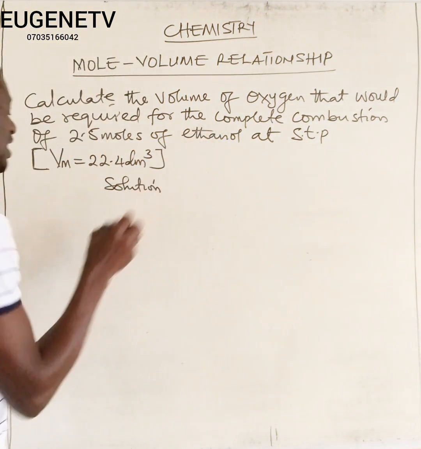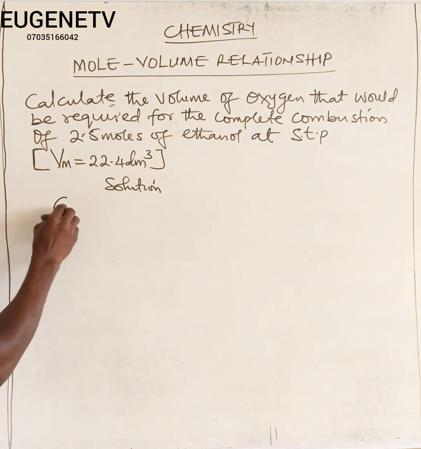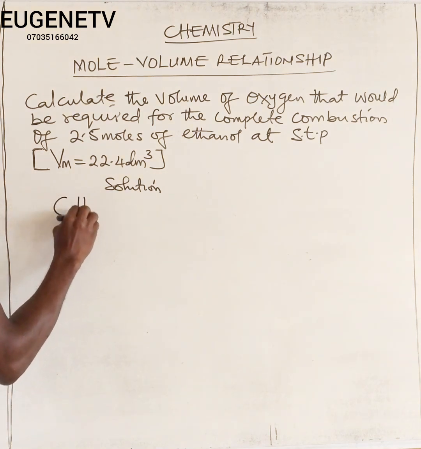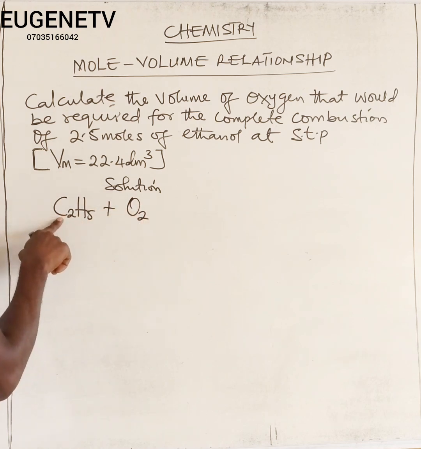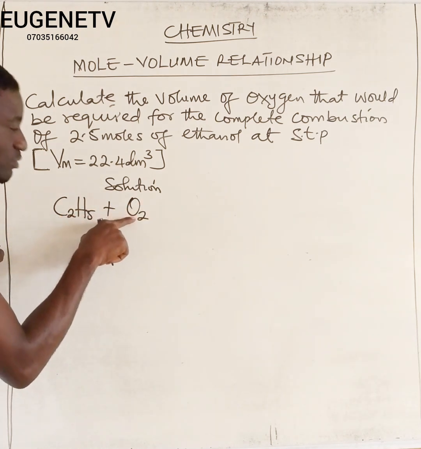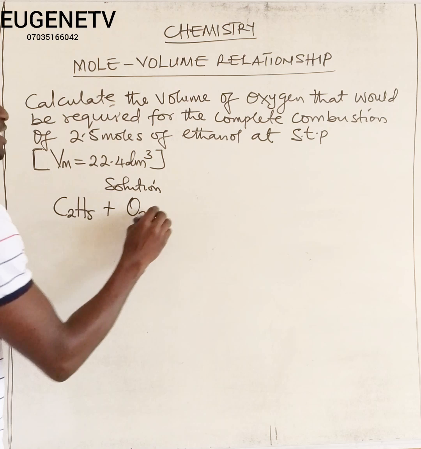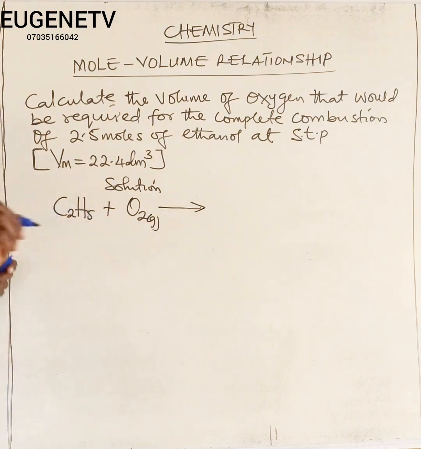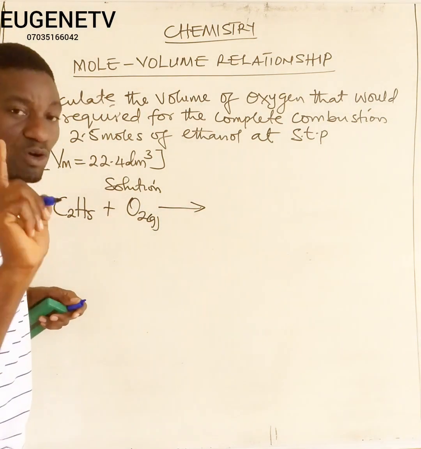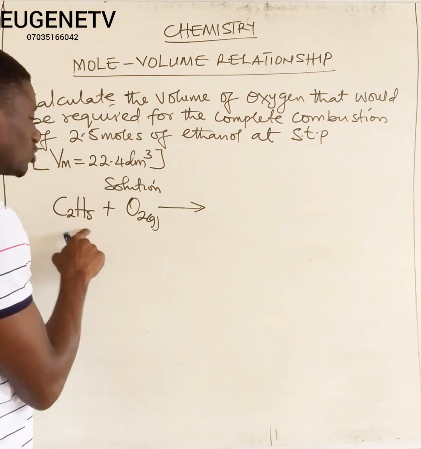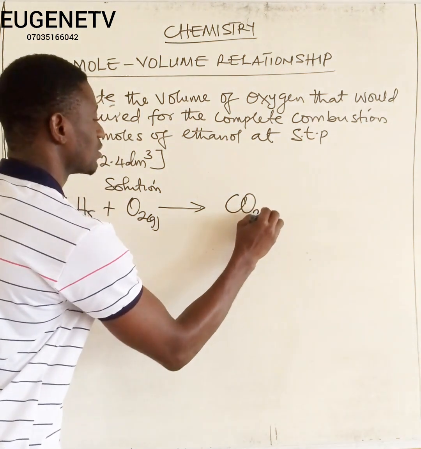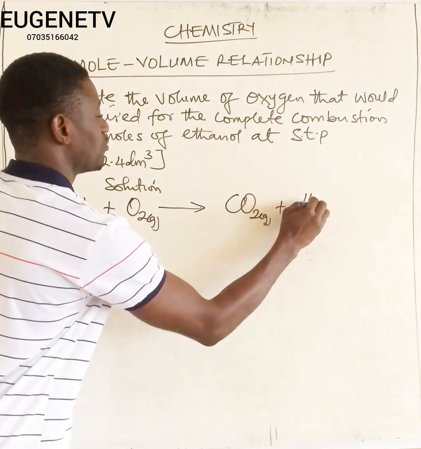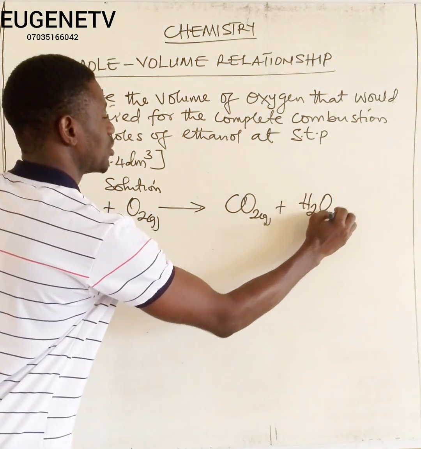Remember, ethanol has the molecular formula C2H5OH. If ethanol is undergoing combustion, that simply means that it is reacting with oxygen, and of course, oxygen is a gas. Anytime an alcohol is undergoing combustion, two products are constant, and the products are CO2 gas and water vapor, depending on the temperature of the reaction mixture.